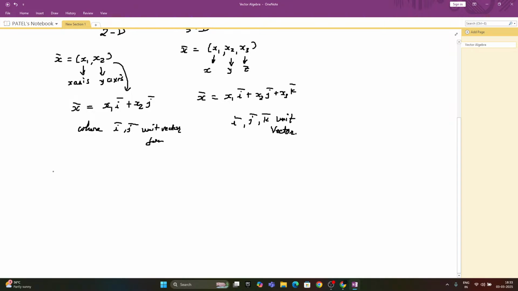Then we have the basic formulation called the modulus of a vector.